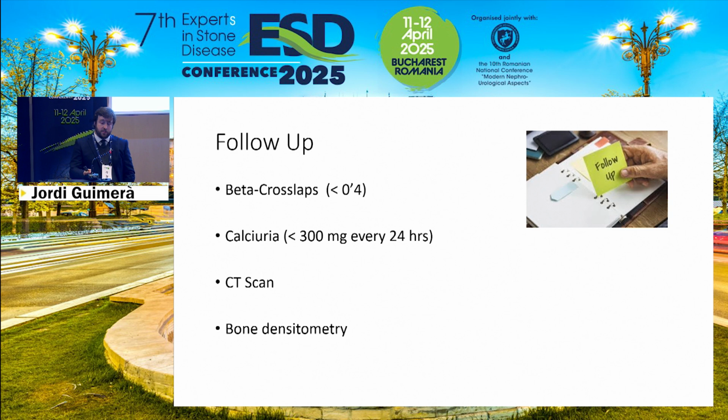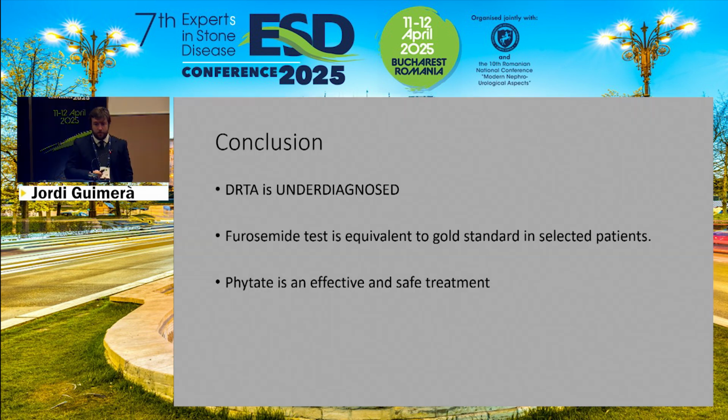I perform the bone densitometry just after the furosemide test, if I have a positive result, and then 2 years after the treatment. There are a lot of patients under 30, 40 years old that have osteopenia in the bone densitometry. You think that is not going to be usual, but it's usual, they have it.